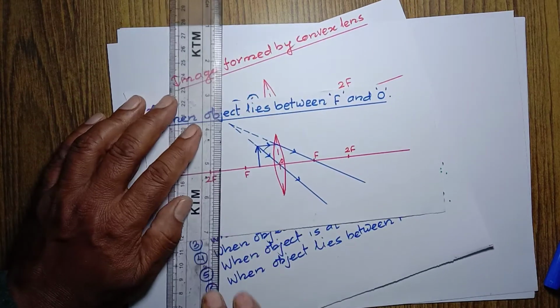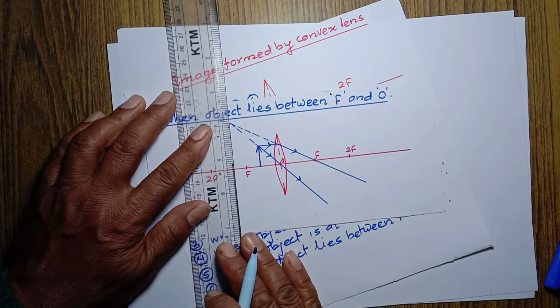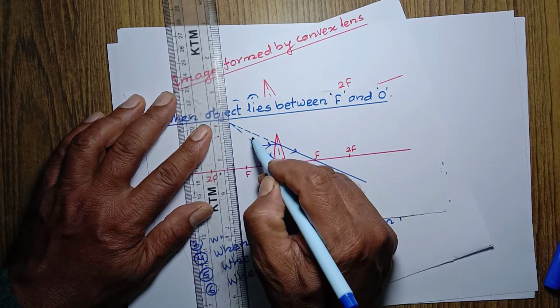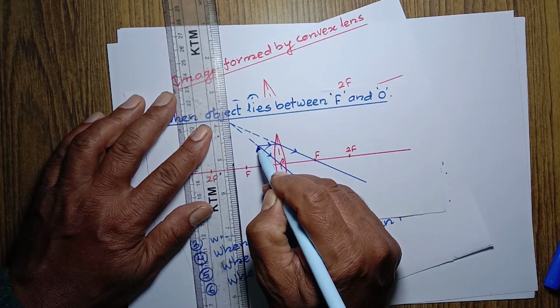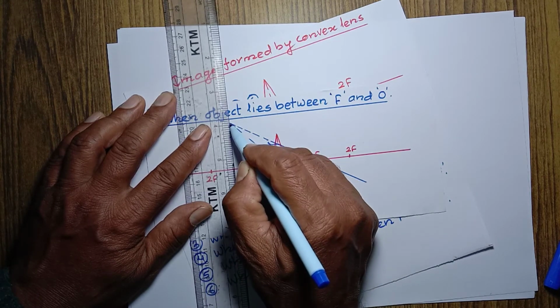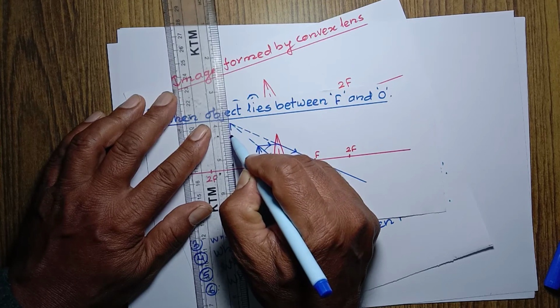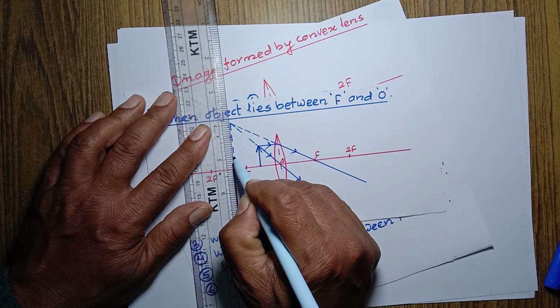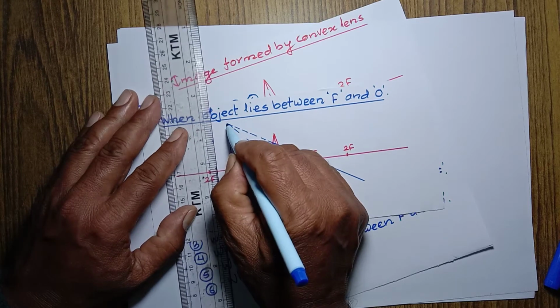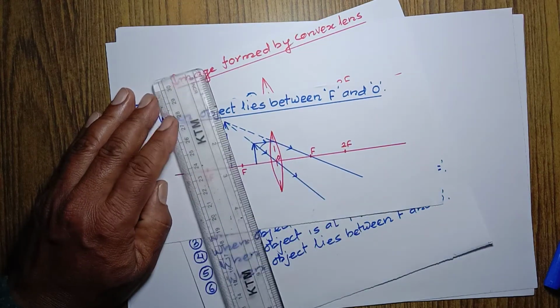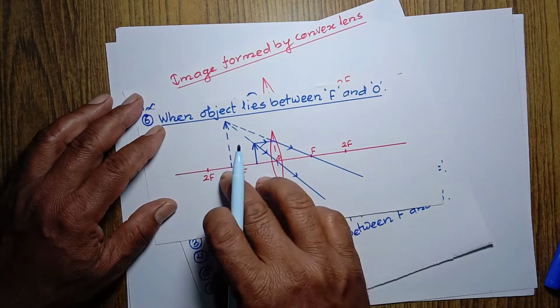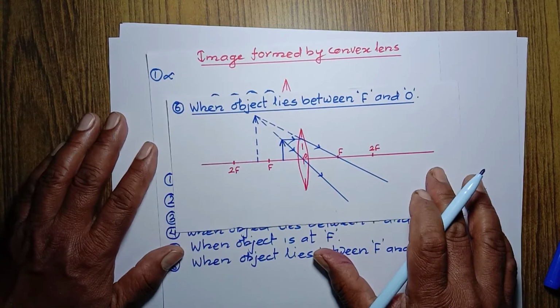And where they meet, the image forms at that place. Look at this. The image forms at this place. Since the ray coming from the head is meeting at this point, that's why the head goes up. And this image is a virtual image, because really light rays are not reaching up to the image. That's why the image is virtual. So a virtual image is represented by a dotted line.